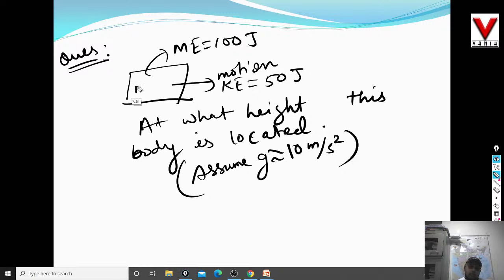Okay, you can take the mass of the body to be 2 kg. 2.5.